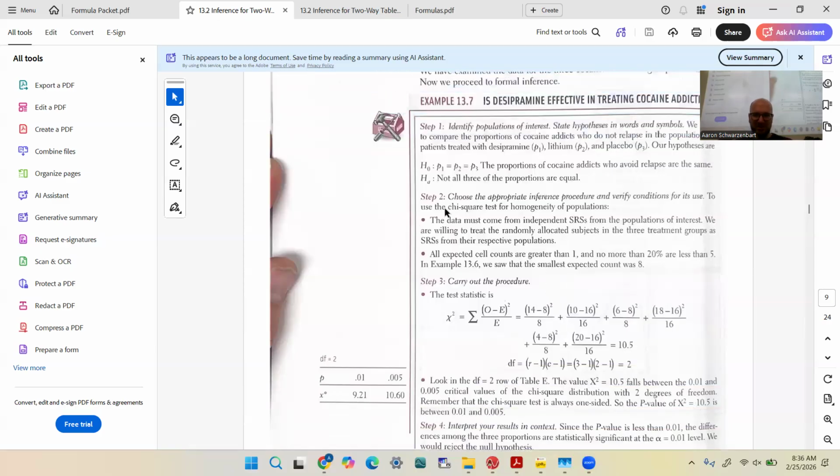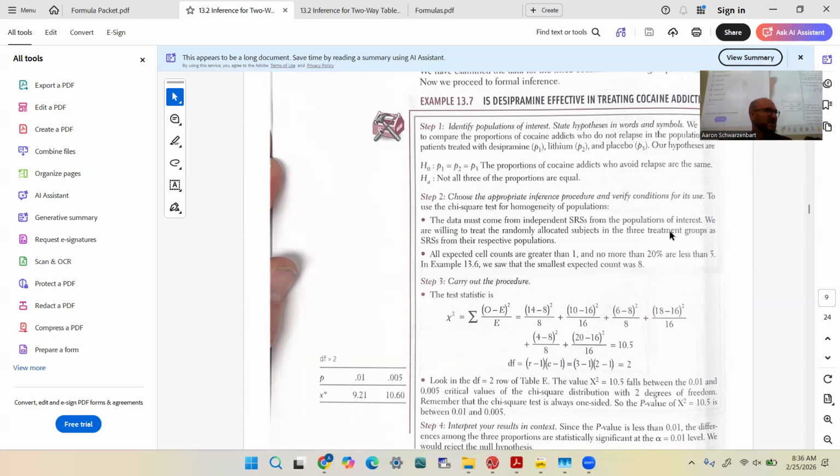So your assumptions. The data comes from independent SRSs from the population of interest. They randomized who was in which group, so we're going to treat it as SRSs. All selected cell counts are greater than 1 and no more than 20% are less than 5.